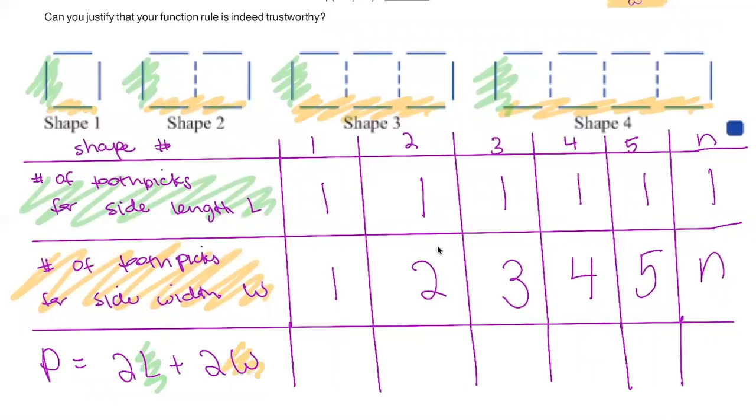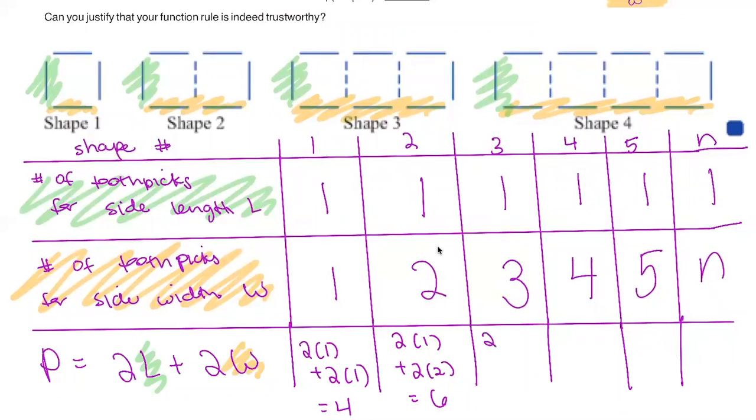So the perimeter should be 2 times 1 plus 2 times 1, which is equal to 4 for shape 1. That's good. 2 times 1 plus 2 times 2. That's equal to 6 for shape 2. That looks good. 3 times, oh, why did I put 3? Oh no, see, when you start thinking that the shape number goes with the 2 and the L, you gotta make sure what's going on.